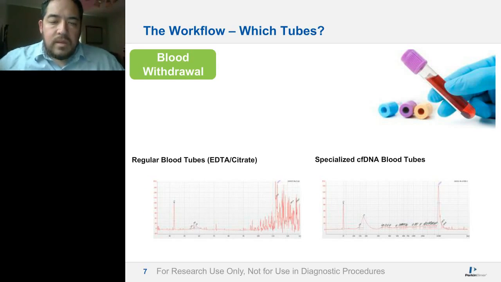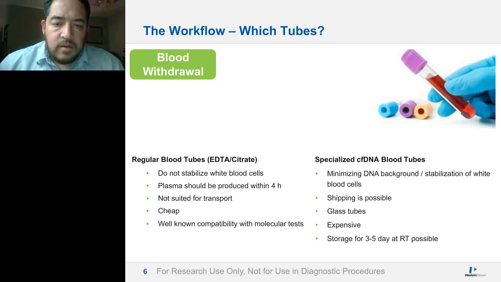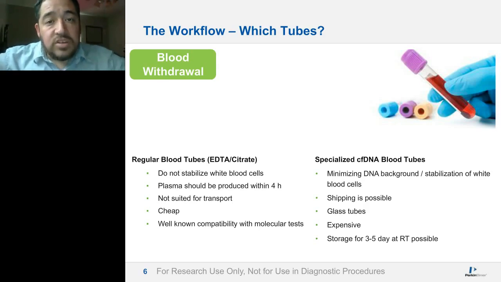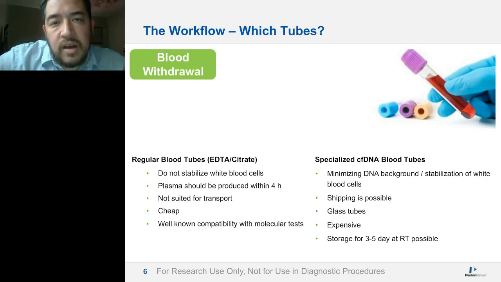Let me go back to this last slide. One of the drawbacks of using specialized cfDNA tubes, I think one of the primary ones has to do with cost, as well as procurement at different blood collection centers. One of the things, though, in terms of thinking about doing liquid biopsies, is that there are certain drawbacks to using the regular blood tubes, because even though they're cheaper, you might also have a higher opportunity cost, because you have to deal with having a fast collection, plasma separation, transport, and being able to process them in a pretty short amount of time.